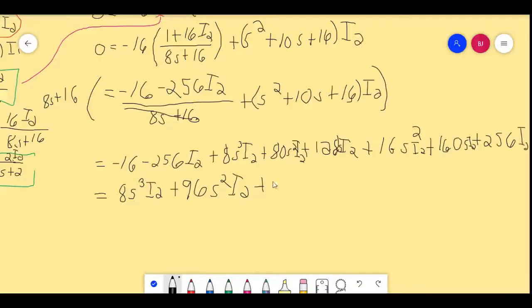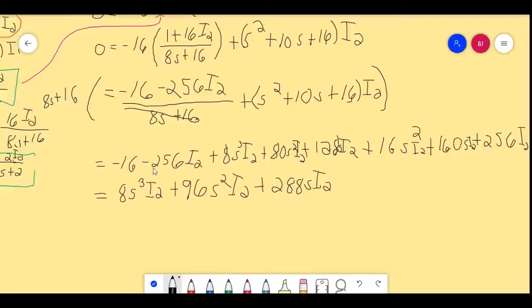Then for s we have 128 and 160, so that would be 288sI2. So 8s cubed I2 plus 96s squared I2 plus 288sI2. So 128 plus 160. Good.